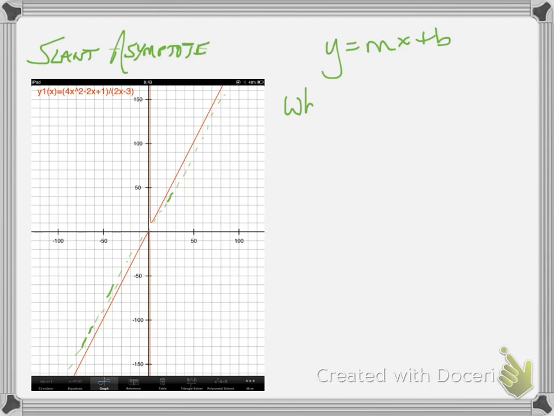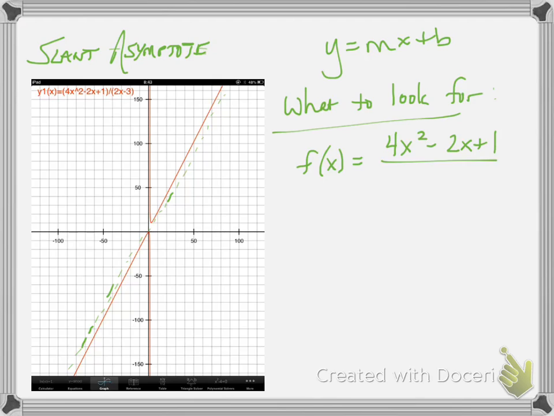What we're looking for is the degree on top must be exactly one higher than the degree on the bottom. Take a look at this function. F of x equals 4x squared minus 2x plus 1 over 2x minus 3.